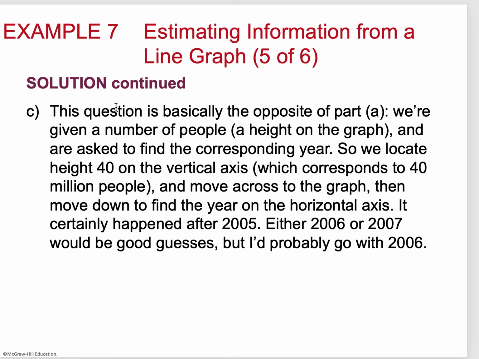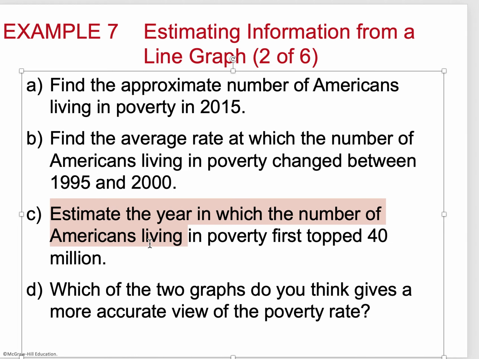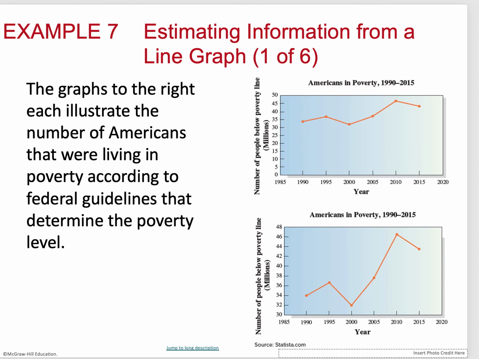If I'm looking at C, then we're given the number of people, which is the height of the graph, and we're asked to find the corresponding year. So in part C, it wants to know, estimate the year where Americans living in poverty first topped 40 million. So I'm going to people in poverty, and it first topped 40 million, and that looks like roundabouts here.